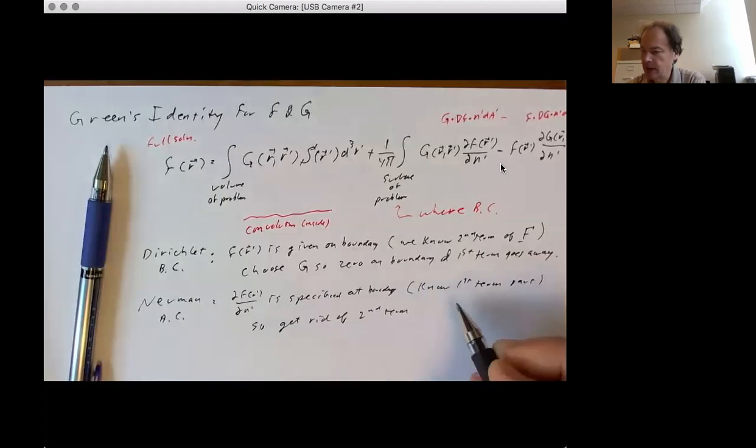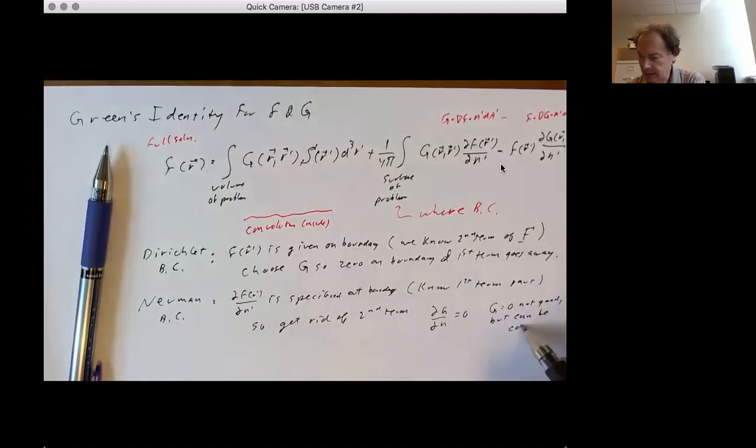So you can set partial g partial n equal to 0. So g equals 0 isn't good, but it can be a constant across the boundary, and then you can actually have a solution.